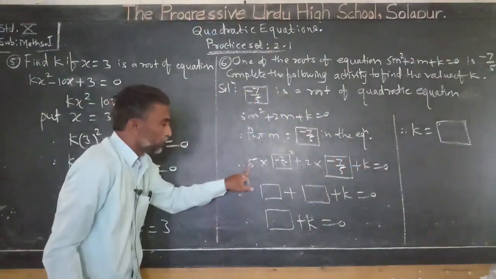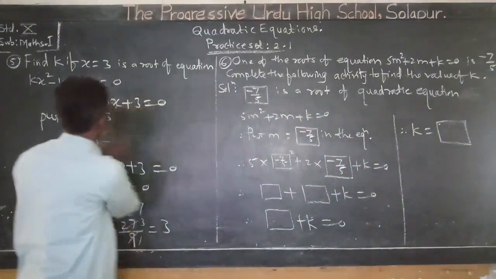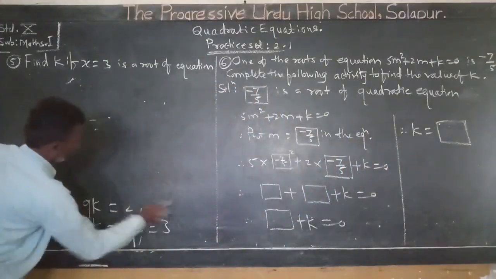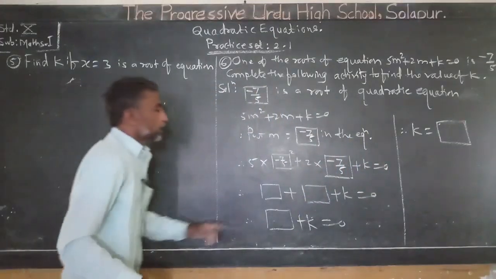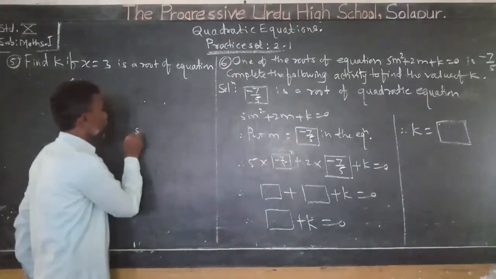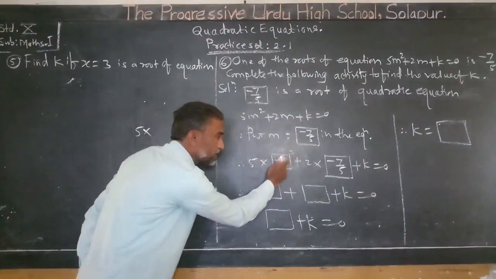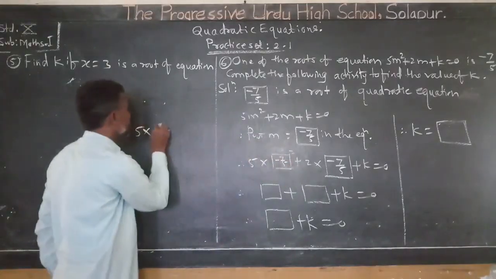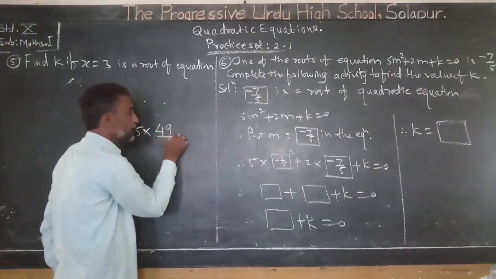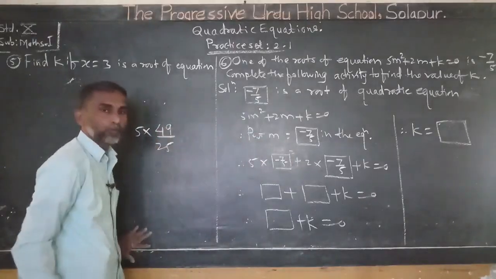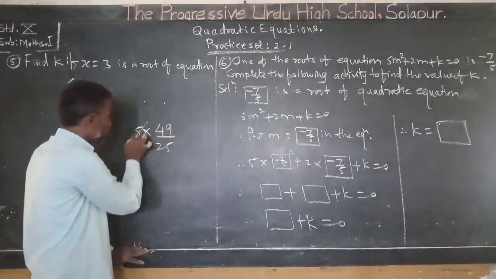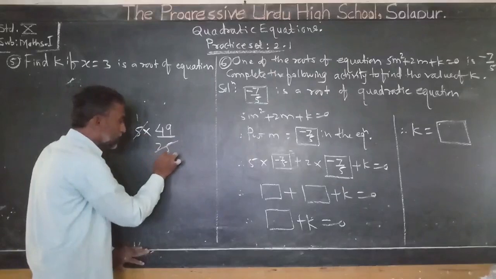Now we should solve separately first. 5 into square of minus 7 upon 5, which will be plus 49 upon 25. So 5 ones are 5, 5 fives are 25.